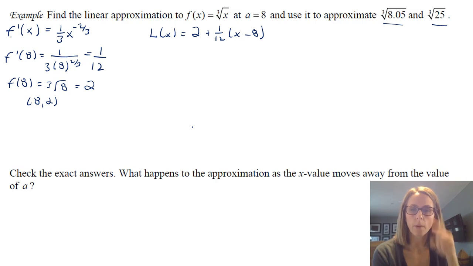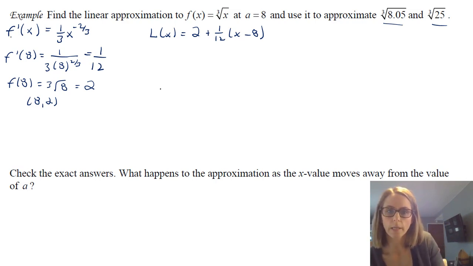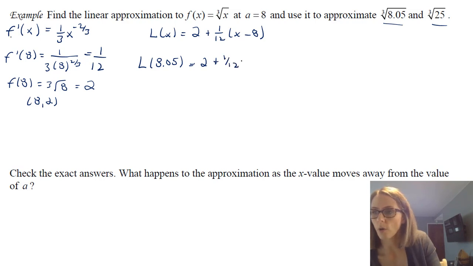So L of x is approximately f of x for values close to a equals 8. So now if we plug those in, if we do L of 8.05, we're going to get 2 plus 1/12, times 8.05 minus 8.